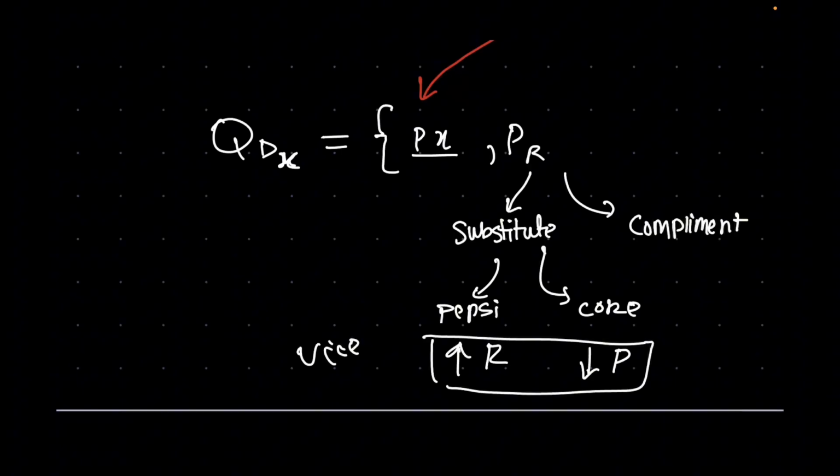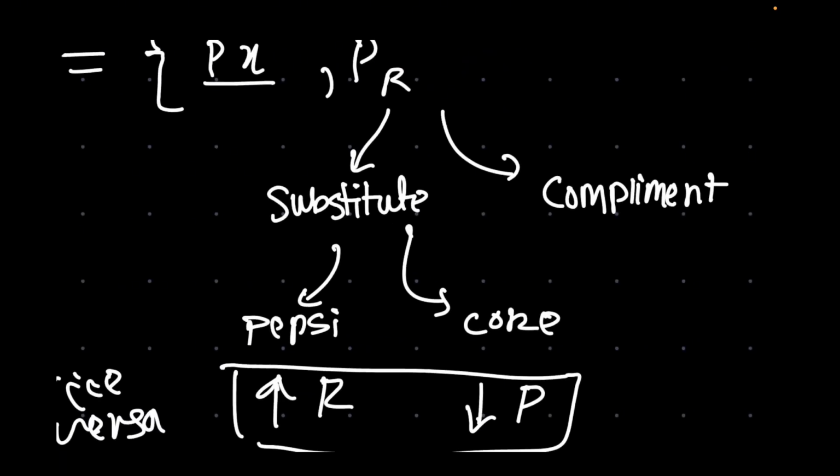Okay? On the other hand, what is a complementary good? Now, a complementary good is basically when both of them complement each other. So, when the demand for one increases, the demand for the other also increases.